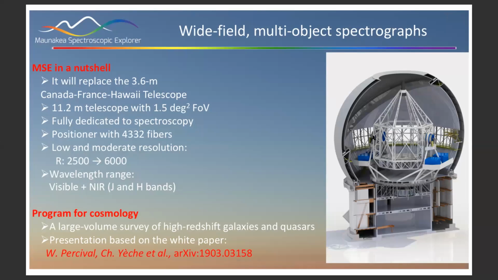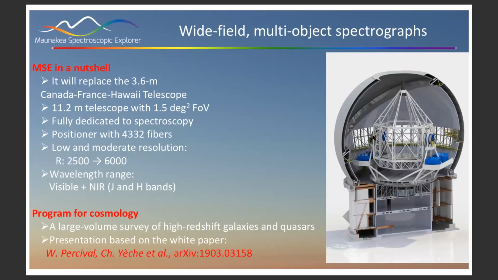So what's the plan? The plan is to replace the 3.6 meter CFHT telescope with an 11.2 meter telescope, and the field of view will be of the order of 1.5 square degrees. And this telescope will be fully dedicated to spectroscopy. The number of positioners will be of the order of 4,000 fibers.